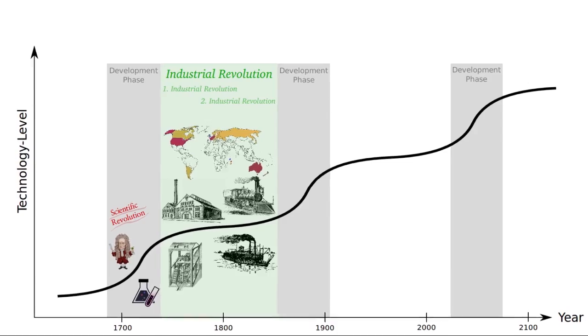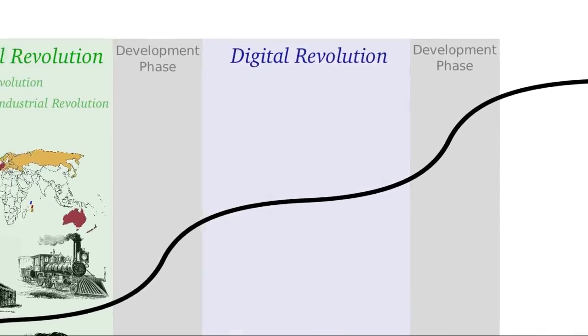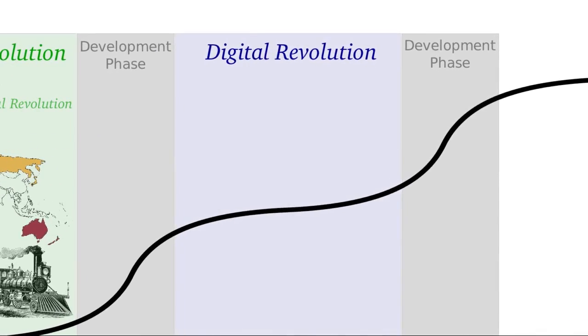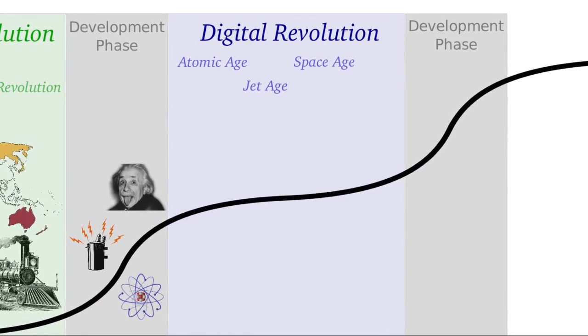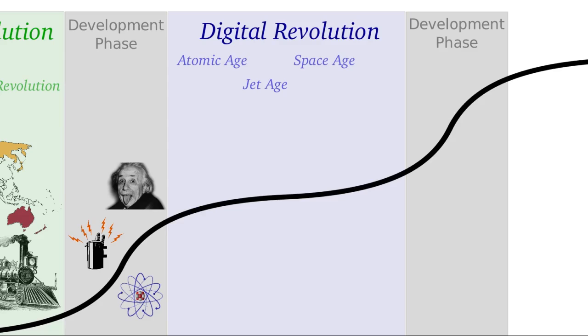The second maturity phase in our graphic is called the Digital Revolution. The Digital Revolution mainly follows the theories of the popular physicist Albert Einstein, the discovery of quantum physics, and the newly enabled manipulation of electricity. During this period, new transportation technologies like the car and the airplane completely changed our everyday life.